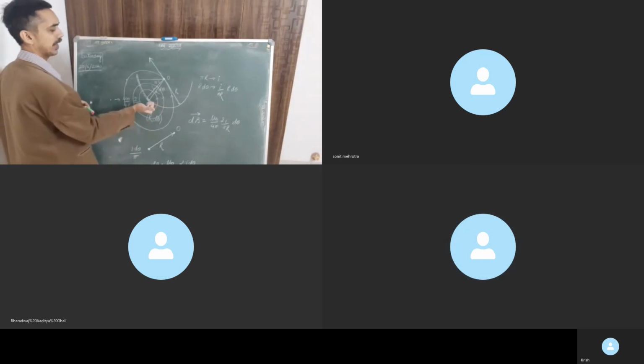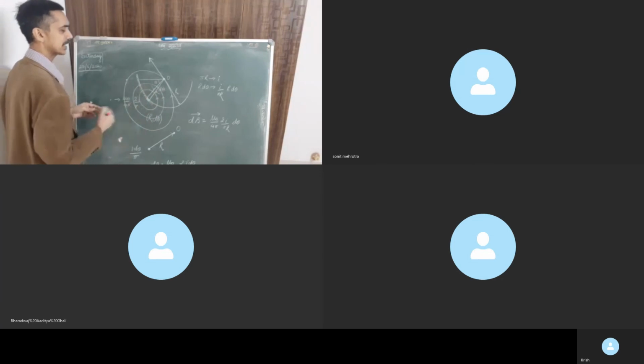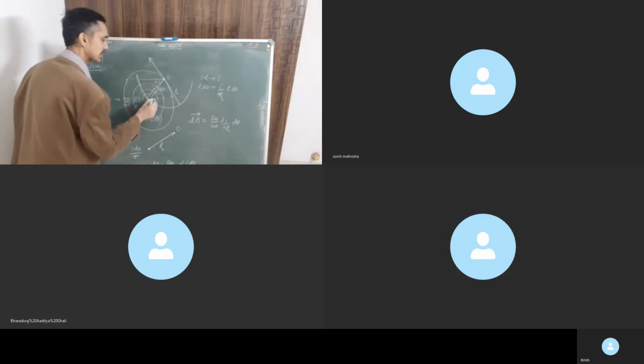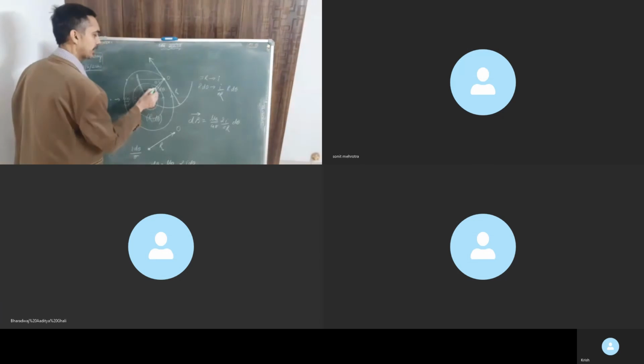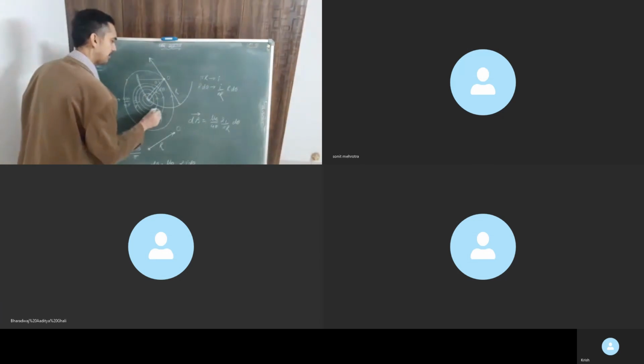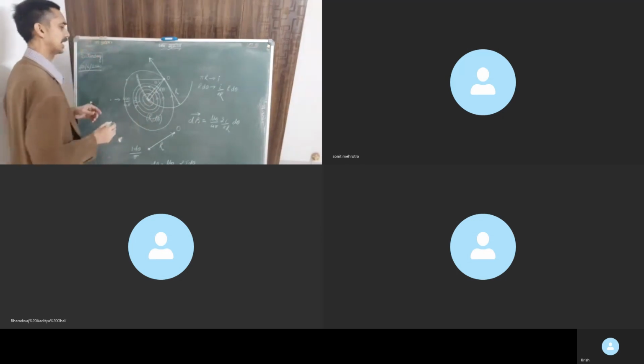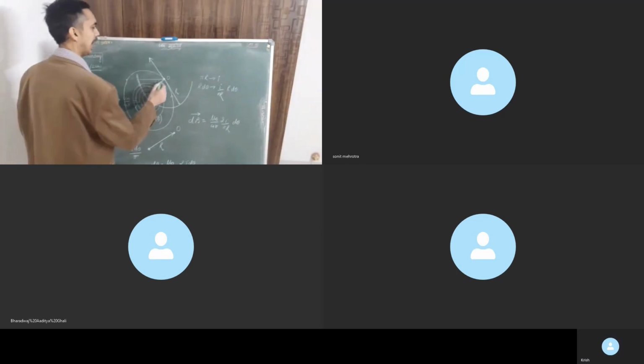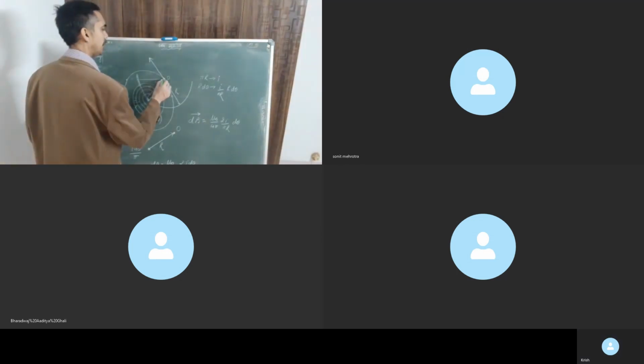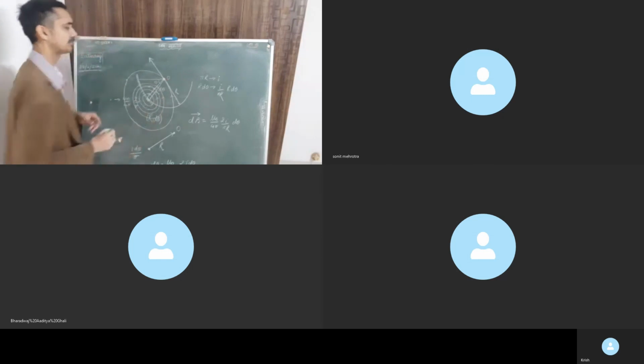Curling of the fingers will get you the sense of the B field. And since there are many concentric circles which you are getting, they are all representations of the B field. And we know as we move away from it, the B field will keep on decreasing. So which of the circles am I to merit? I will be meriting this circle, right, dear?